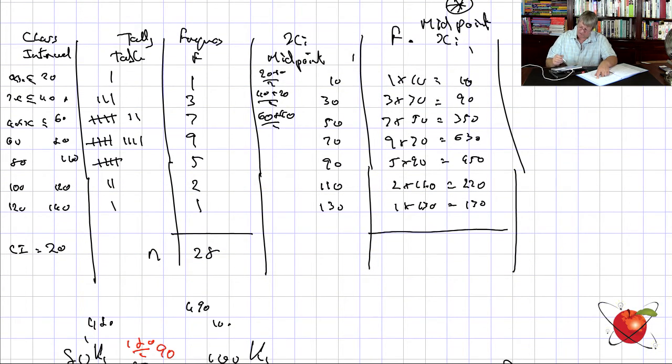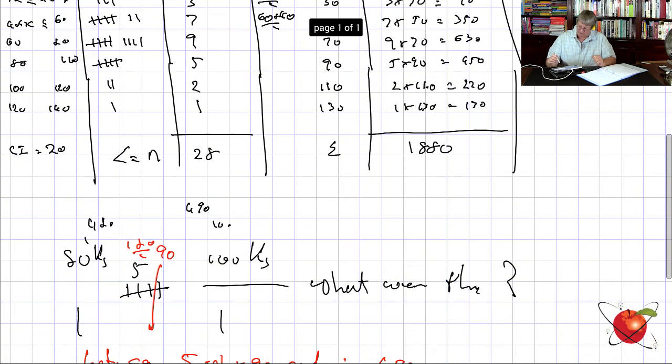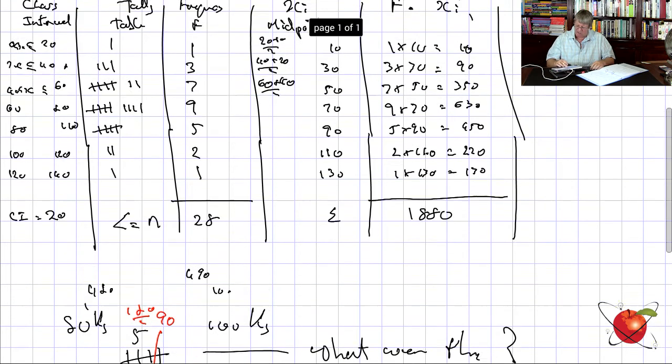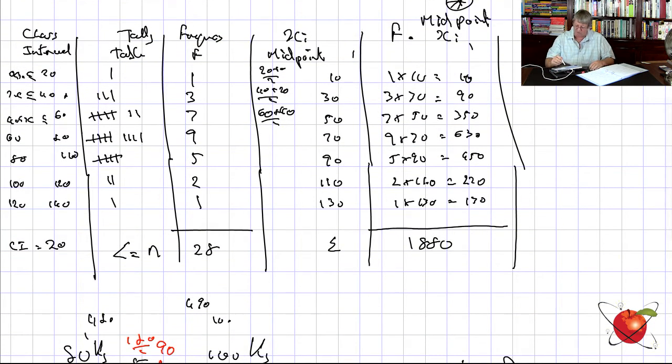Then what do we do here? We do the same thing, and I'm going to put sigma. You add them up, you get 1880. Now, what do we do next? We say, what is the mean? Well, the mean was adding them all up and dividing by the number, wasn't it? Remember, that's what we did with all the data before.